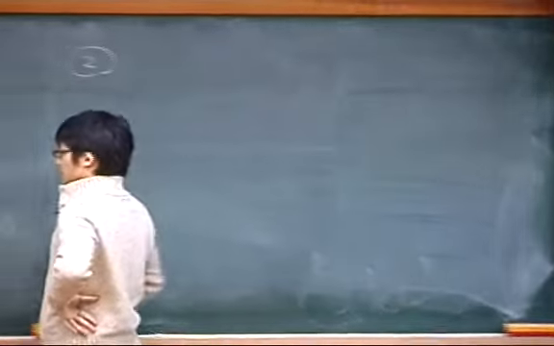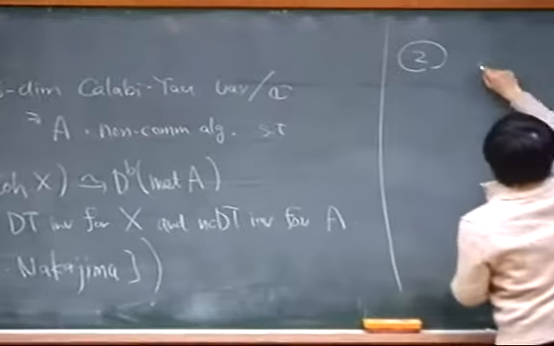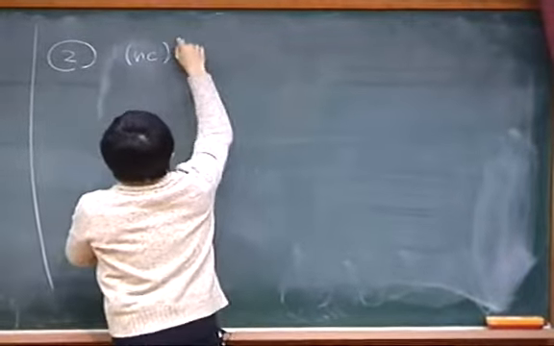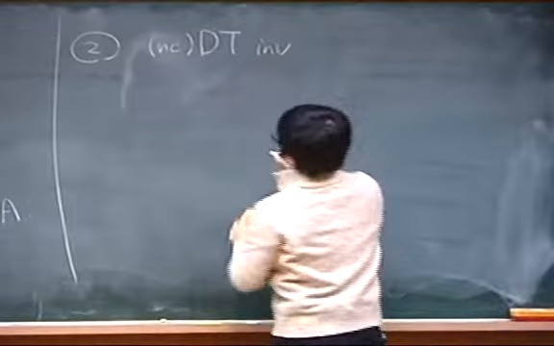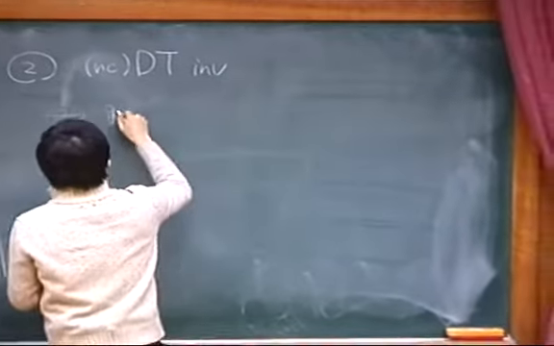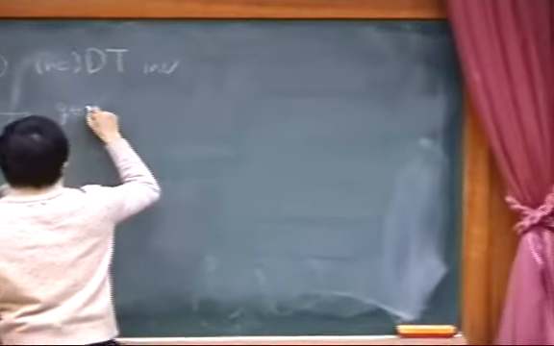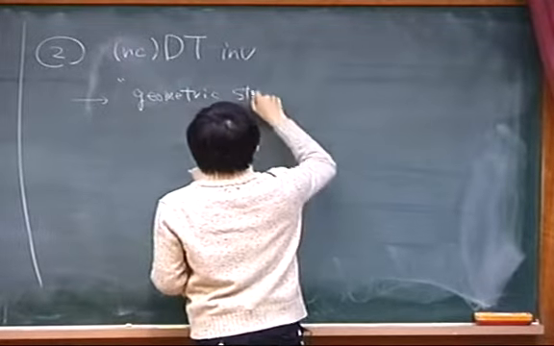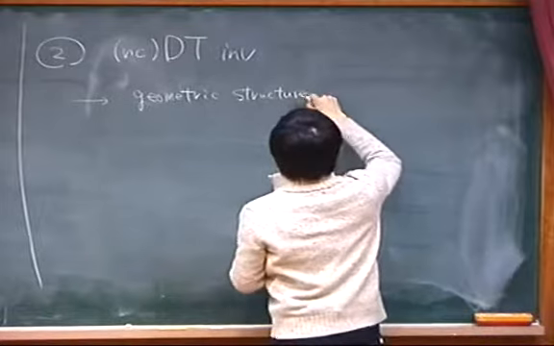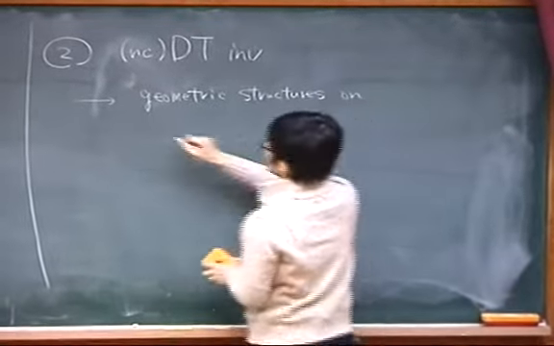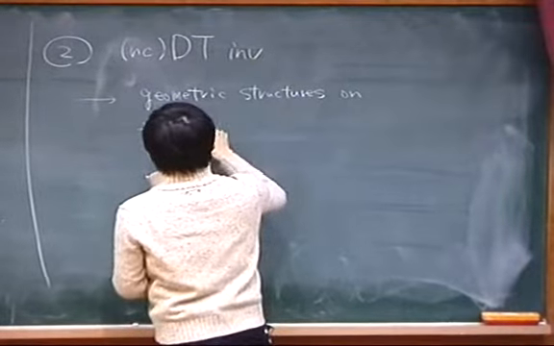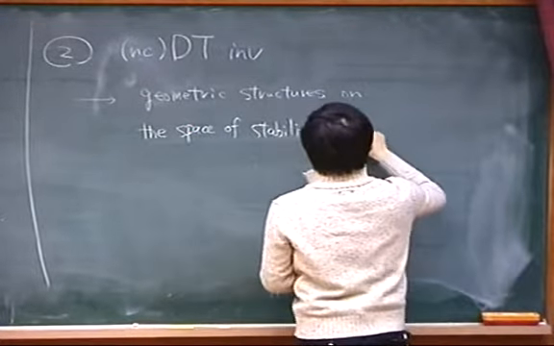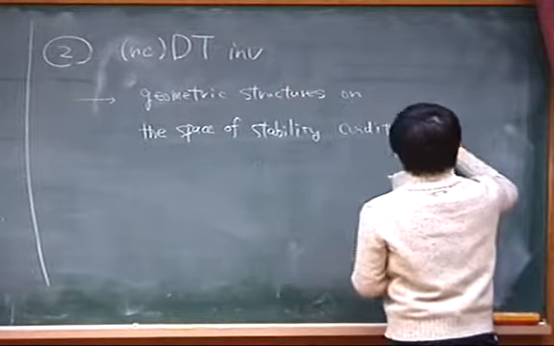Okay. Anyway, today I will not talk about this. And the second motivation is using non-commutative Donaldson-Thomas invariants, it is expected that we can construct certain geometric structures on the space of stability conditions.